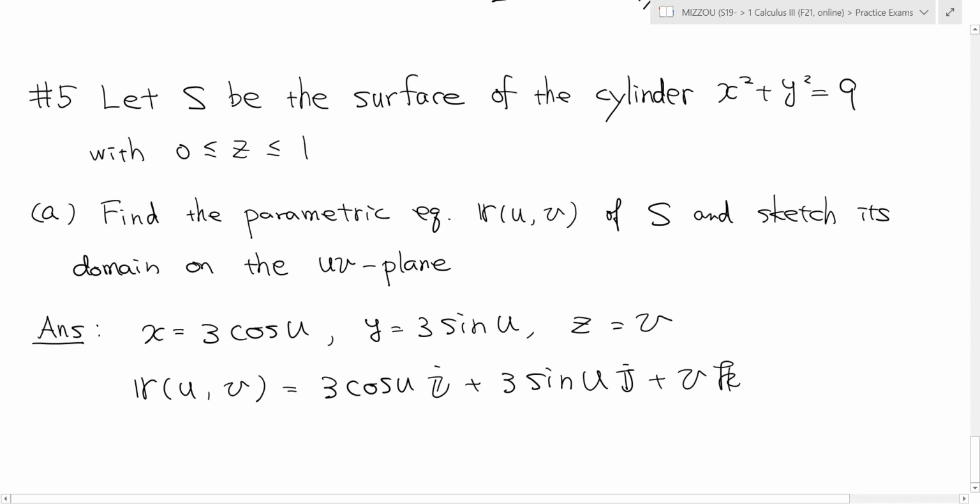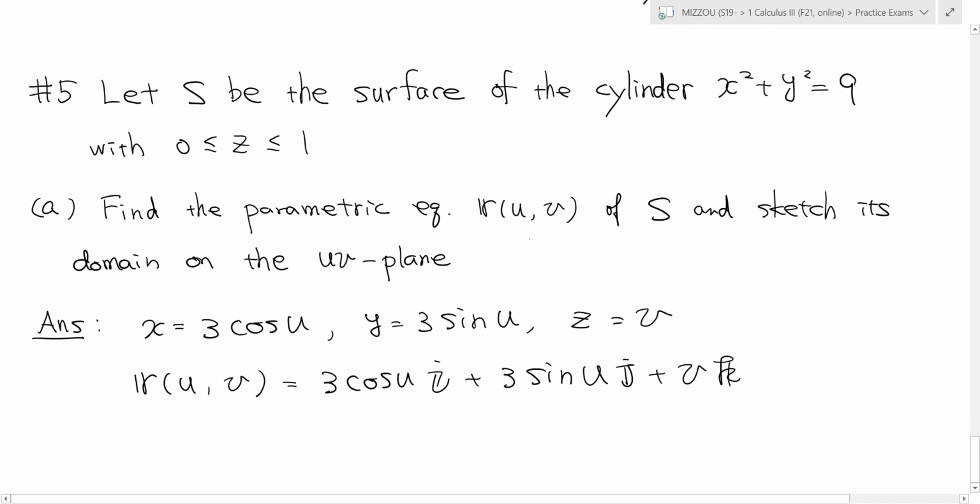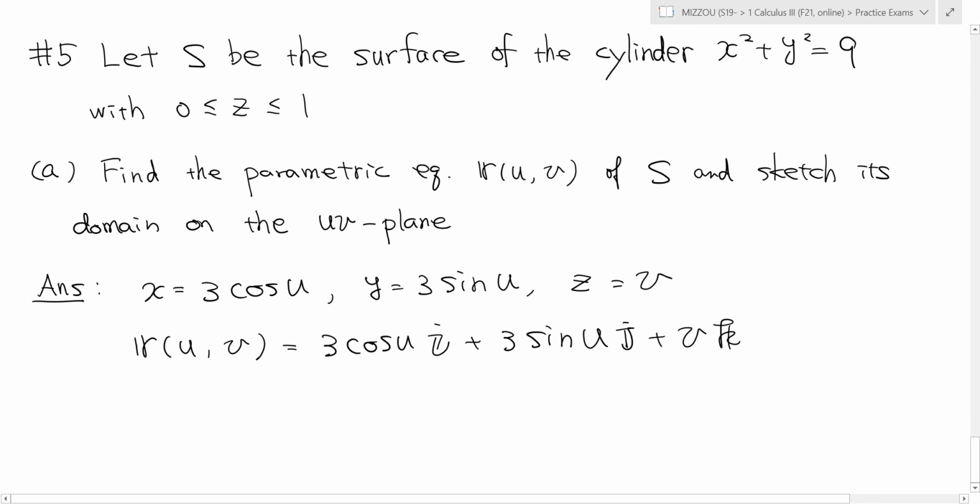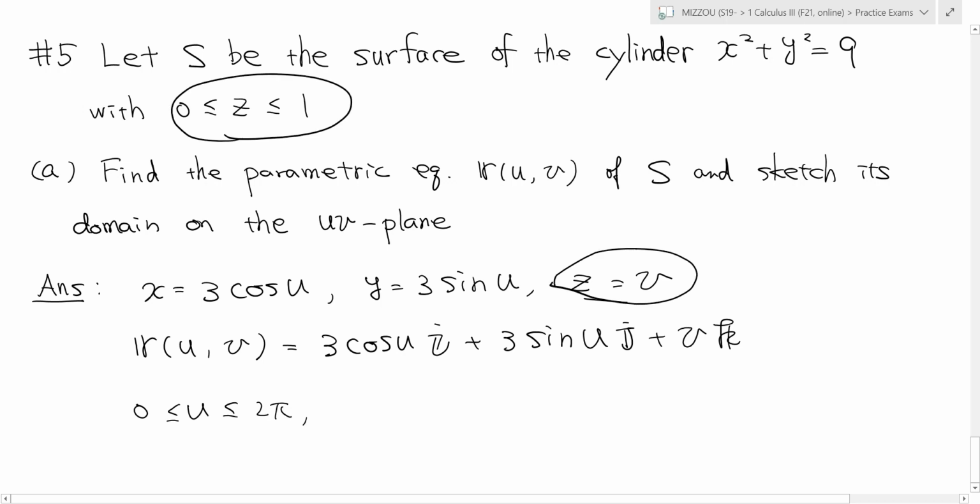What do you mean by domain? Domain means all the possible regions where u and v can take values in order for you to be on the surface of the cylinder. So of course, u is just an angle, so u is between 0 and 2 pi. And then v is what? v is z. z is equal to v, and z is between 0 and 1.